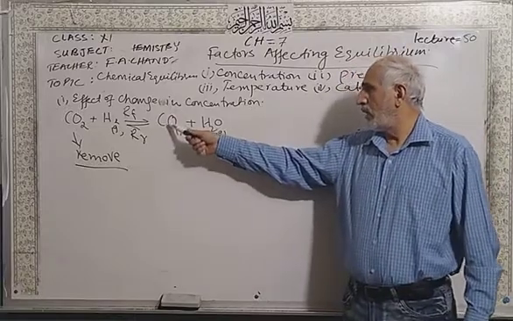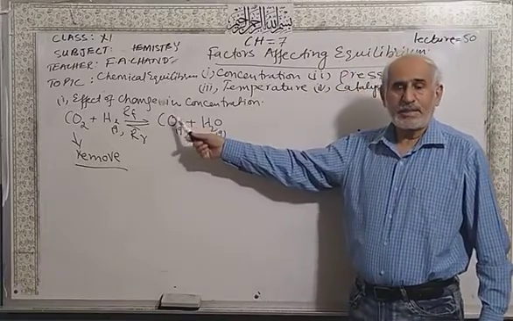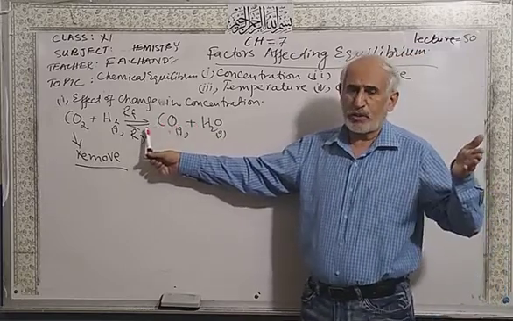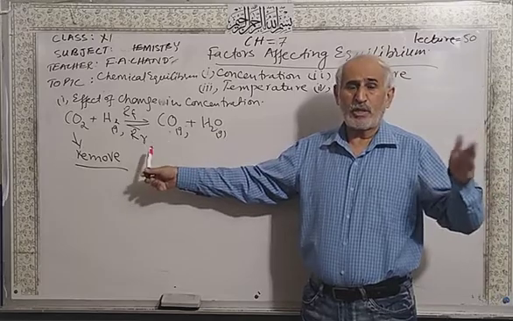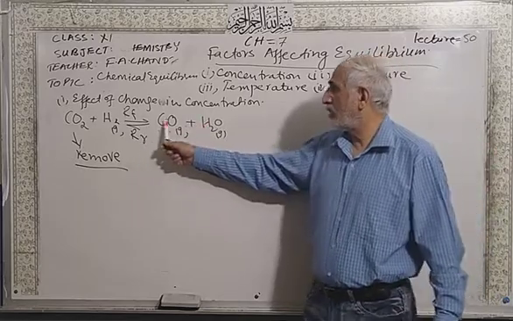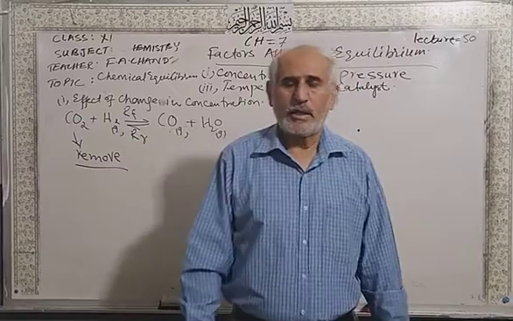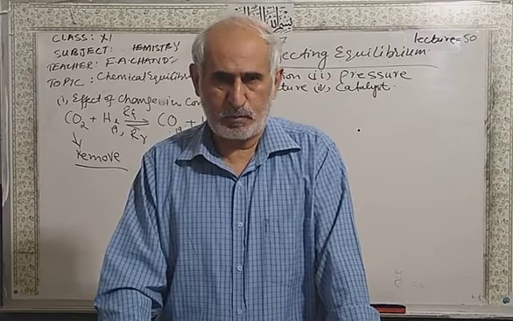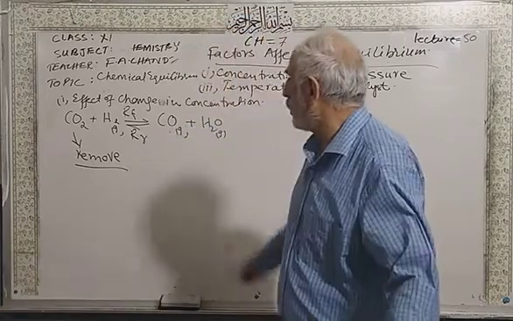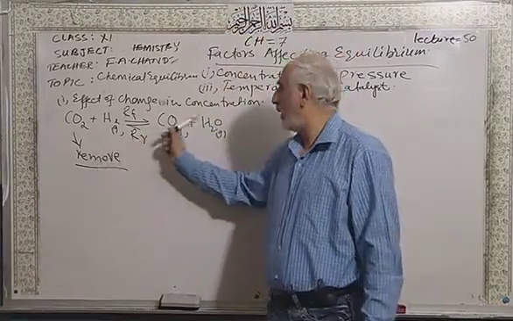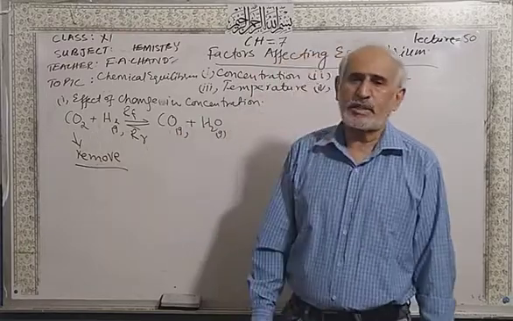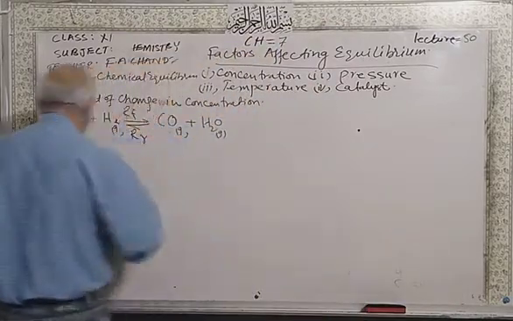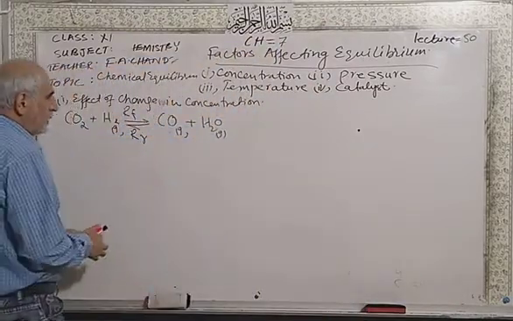So, dear students, then these products again react with each other. Because according to Le Chatelier's principle, the chemical equilibrium is going to be disturbed, the reaction must go towards the left side till a new equilibrium is established. So when you remove something on the reactant side, the shifting of equilibrium towards the left, the reactant side, will take place.